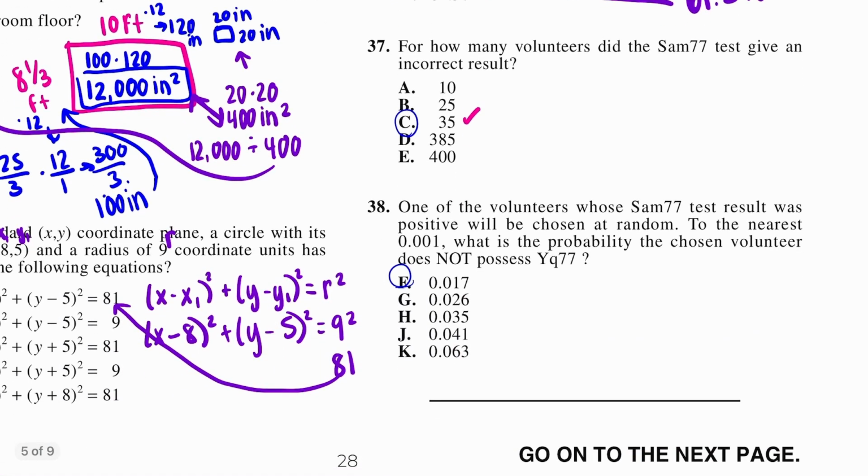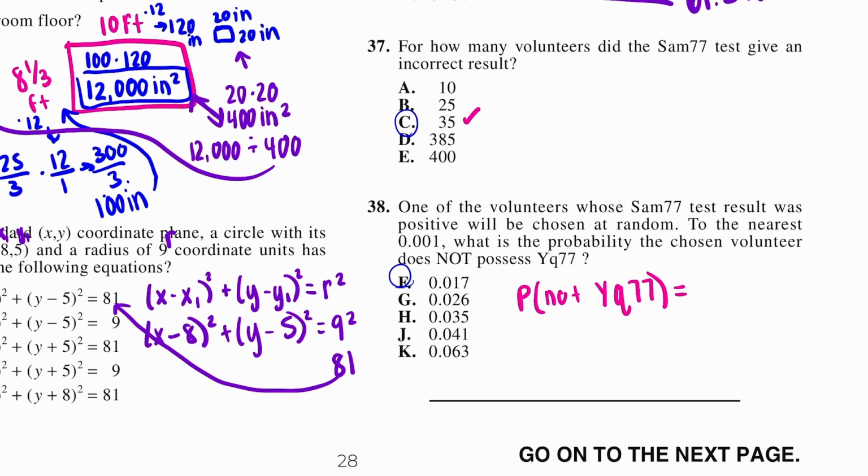Last one. One of the volunteers whose SAM77 test result was positive will be chosen at random. To the nearest 0.001, what is the probability that the chosen volunteer does not possess YQ77?